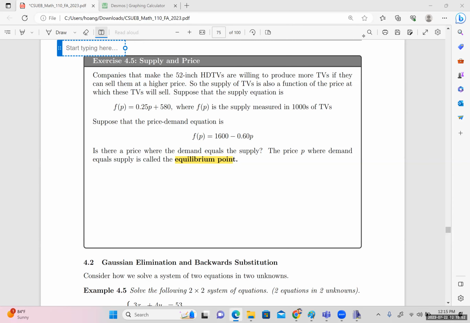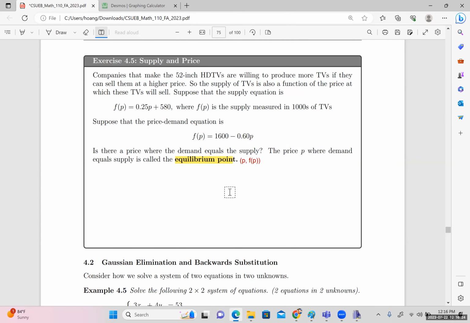Okay, so we're going to use the equilibrium point in the form of price p and f of p, which is demand and supply at the same time.